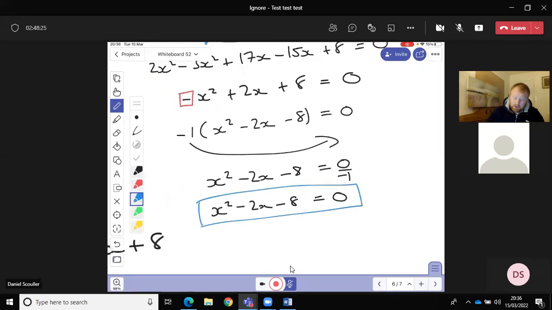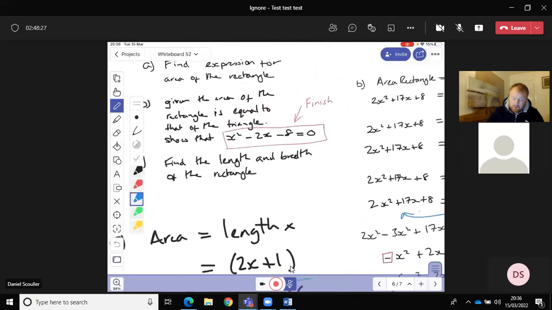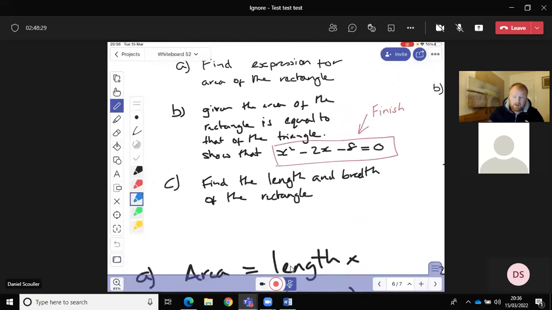Okay, and then part C asks us to find the length and breadth of the rectangle. So it will ask you along the lines of, for what values of x will this be true? Or find the value of x to allow us to find the length and breadth of the rectangle. Okay, so we're wanting to find essentially the roots of the equation, and then use them to determine what the length and breadth is in this instance.